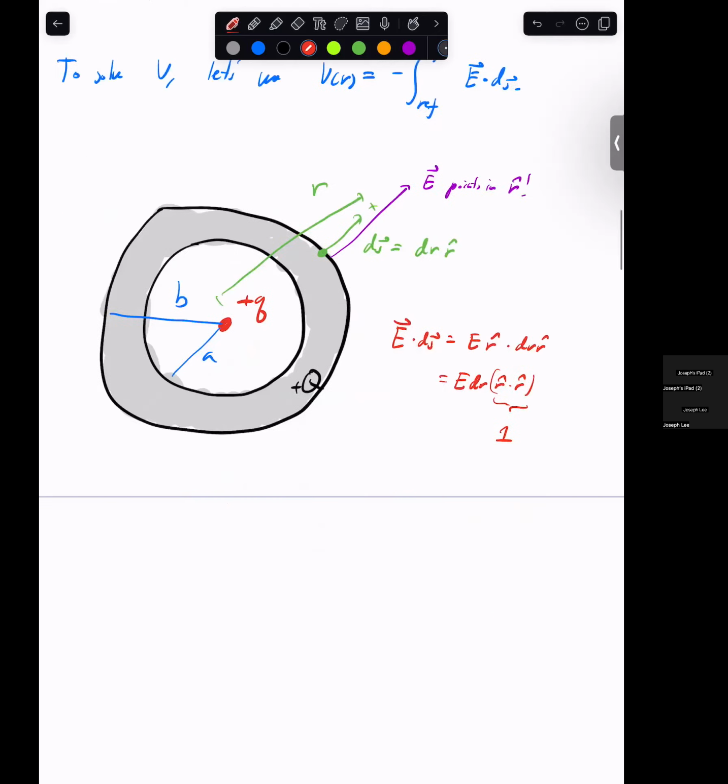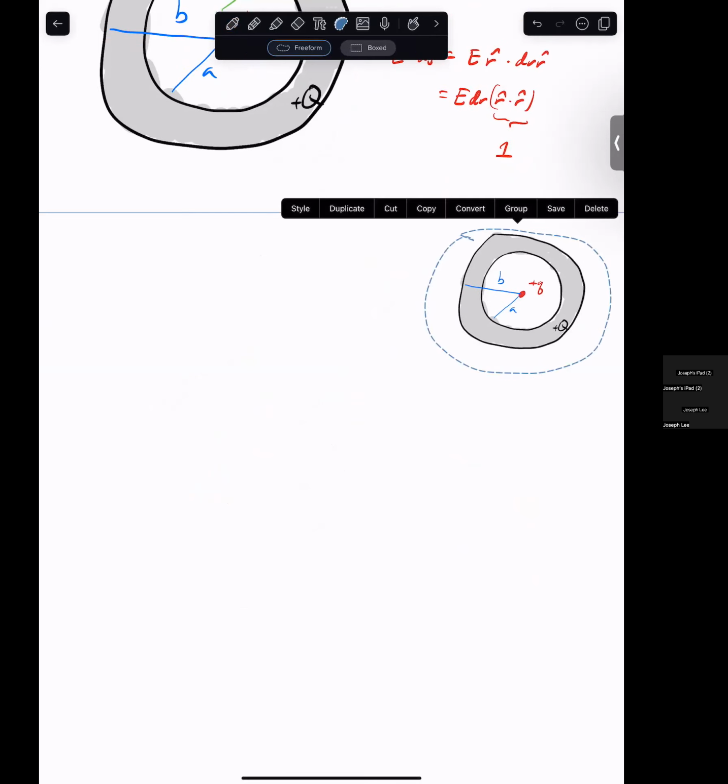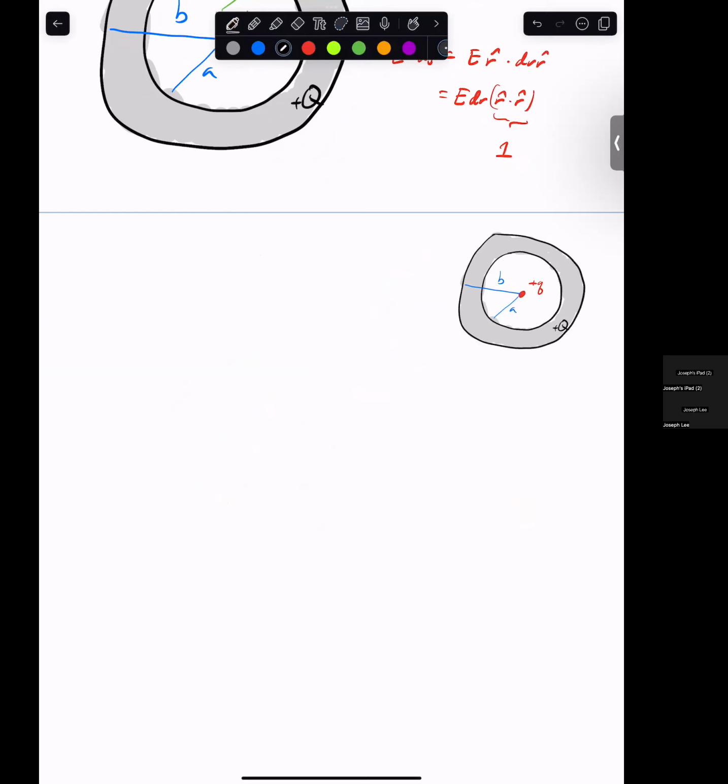So now that we have this settled, we can start solving this region by region. The first region I want to look at is the case of r greater than b. As a drawing, this is b, and we're solving for some r maybe out here. So how do we do this?